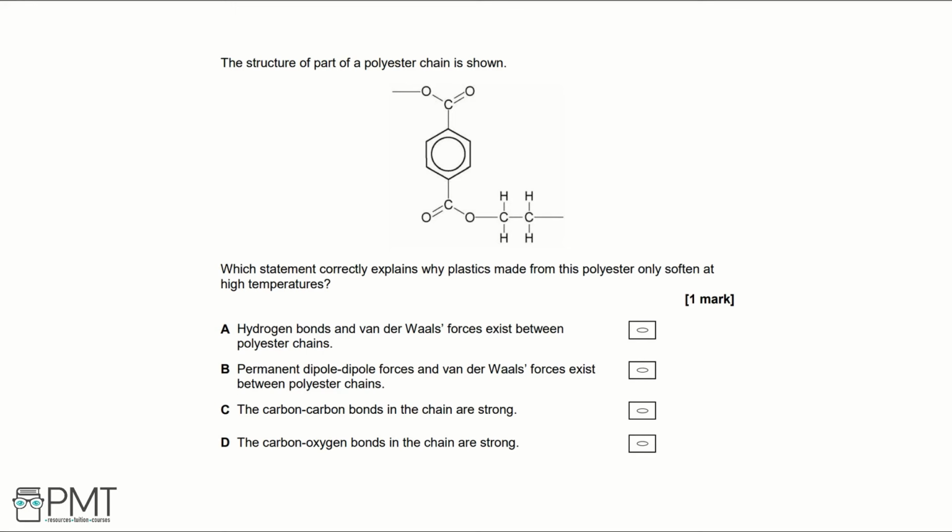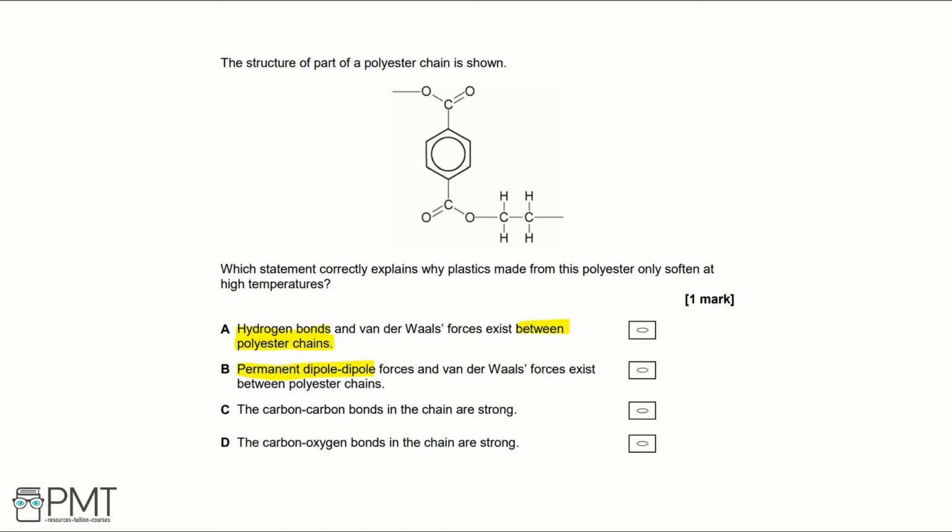Let's look at each of these statements individually. The difference between A and B is that one says that the chain can hydrogen bond and the other says that the chain can have permanent dipole-dipole forces. So let's look at hydrogen bonds, and that's going to be between the polymer chains. An ester will hydrogen bond with water, but if we had 2 chains side by side, they won't hydrogen bond.